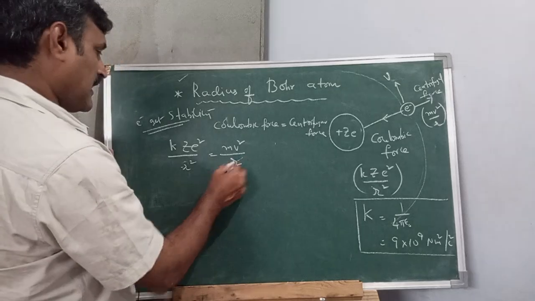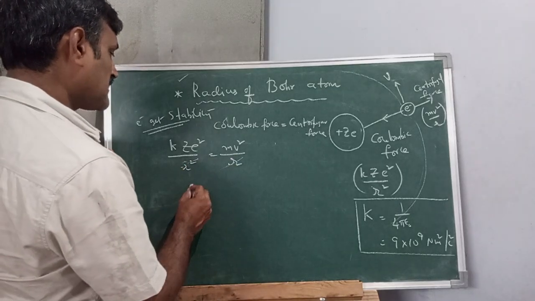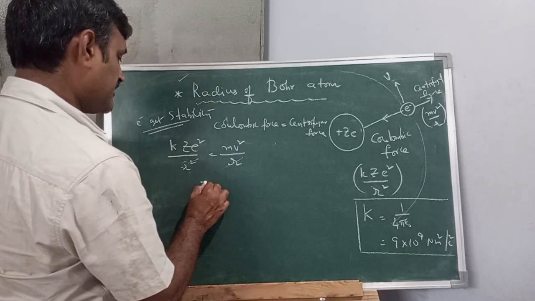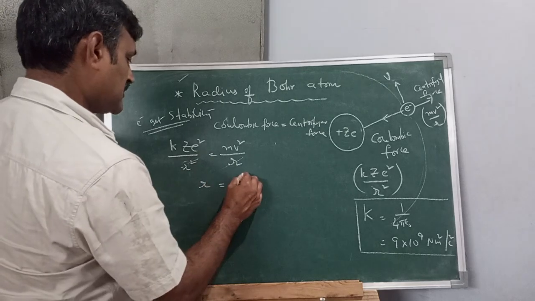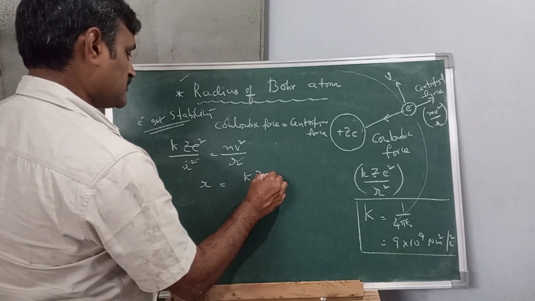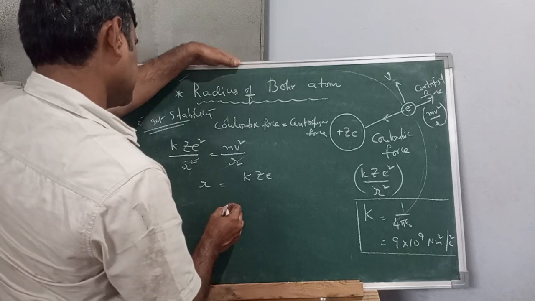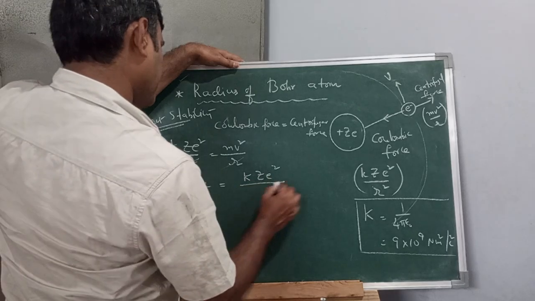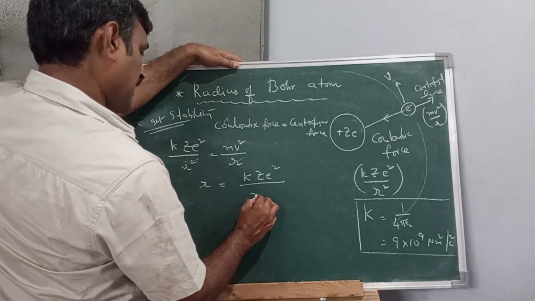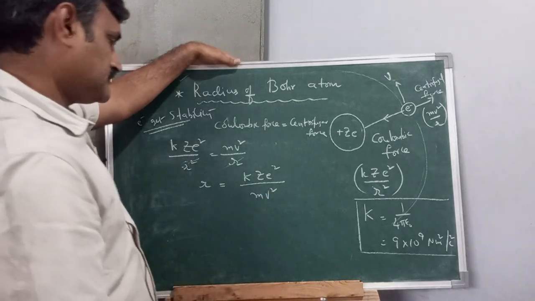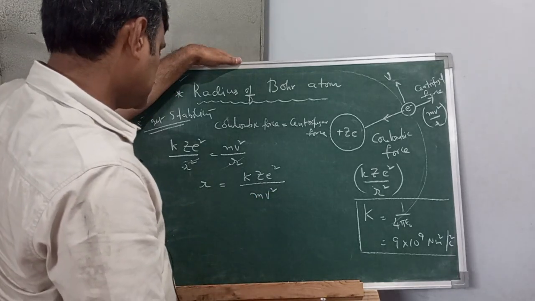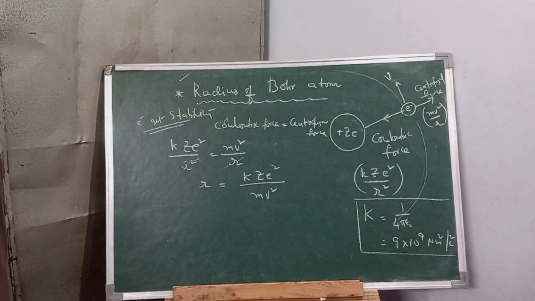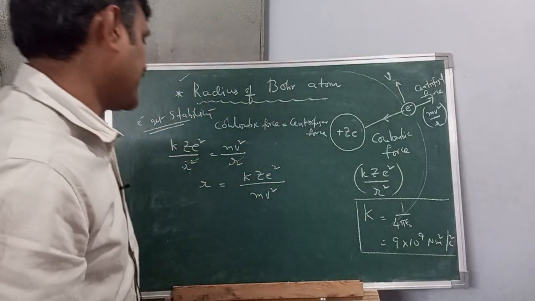If you simplify this, R gets cancelled, and R is equal to K into Z E square divided by m into v square.